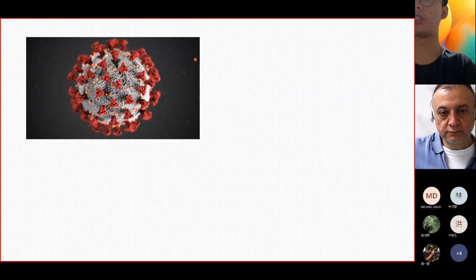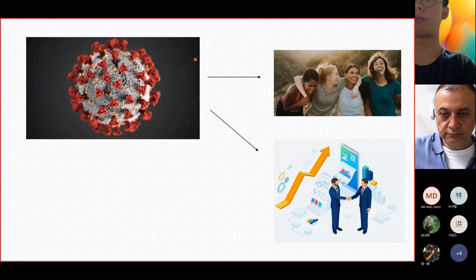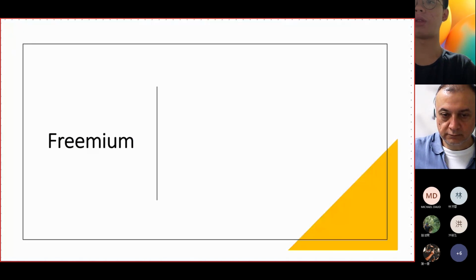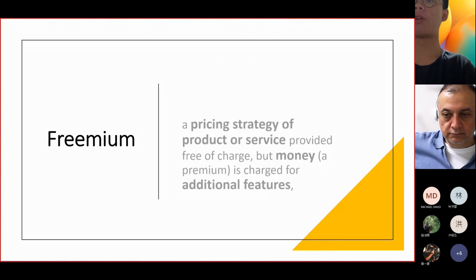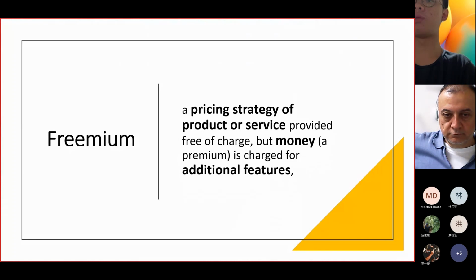COVID-19 has brought new challenges to our lives. It changed our behavior and business landscape. One of the business enterprises that was affected is the freemium enterprise. Our purpose in the study is to analyze how people's behavior could affect their intention to retain the premium subscription. But before we go further, let me explain what the freemium business model is.